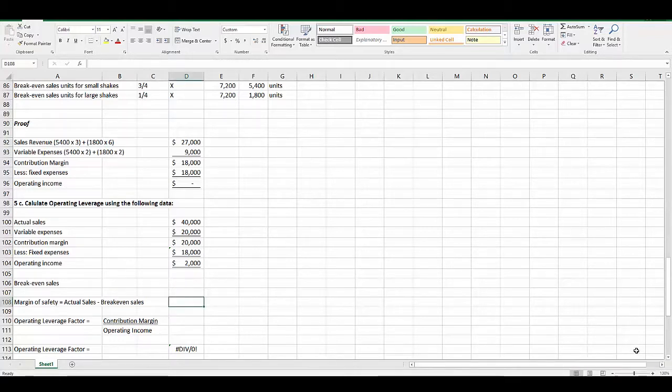This next section of problem 5, problem 5C, we're going to be doing a couple of calculations. The first one we're looking at is margin of safety. With margin of safety, we're looking at how much higher your actual sales are than the break-even sales. So how much are you making over the minimum that you have to make to cover your fixed costs?